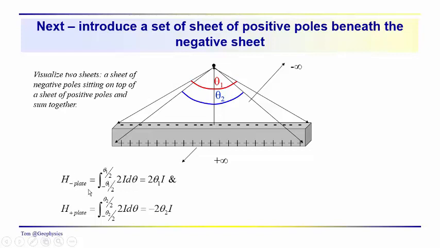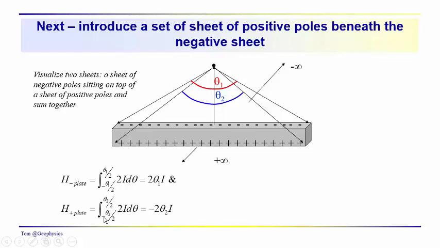So we have the contribution to the magnetic field intensity of the plate from the set of negative poles. In other words, again, think of this as a sheet going from minus theta 1 over 2 to theta 1 over 2 times I d theta. That gives us 2 theta 1 I. And then do the same for the set of positive poles.